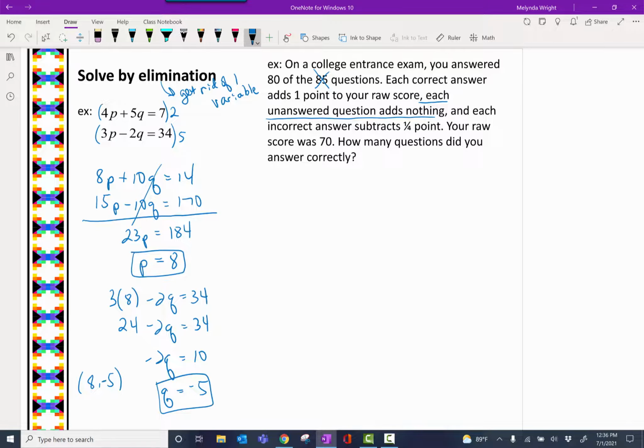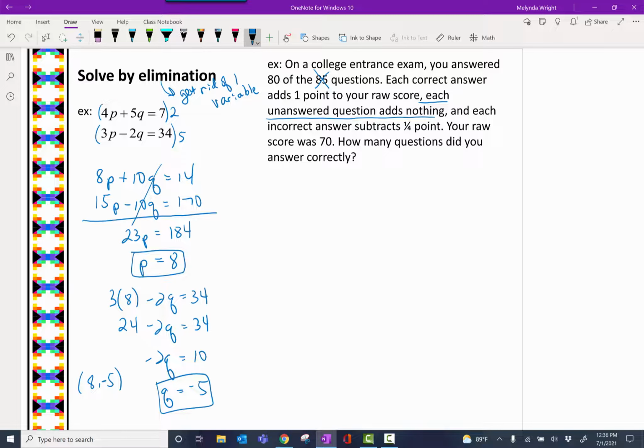All right, so the raw score was 70. How many questions did we answer correctly? That needs to be a variable, right? We want to assign variables. How do we know what to assign them to? Well, it'd be a pretty good clue, seeing they're asking us how many questions we answered correctly, we probably need to put that as a variable.